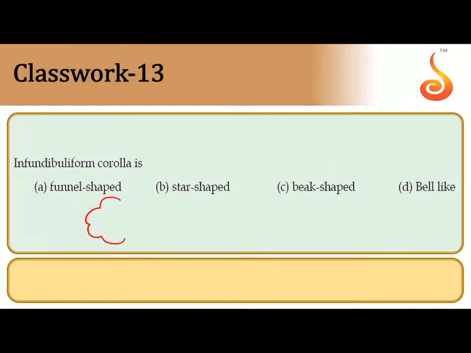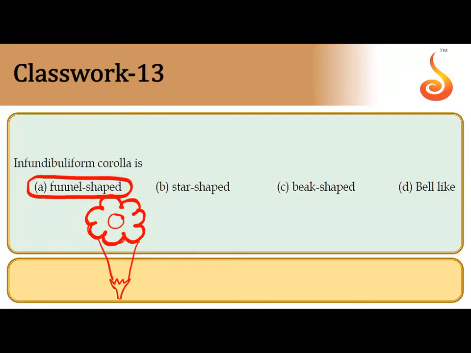Infundibulate corolla means you have a flower in which the petal is in the form of a funnel-like structure. So we say a funnel shaped corolla where all the petals are fused. What do you call this condition where the petals are fused? It's called gamopetalous, and all of them are fused to form a tube-like corolla in the form of a funnel shape, and that is what is called infundibulate corolla.